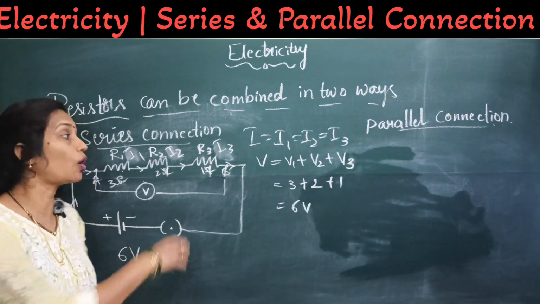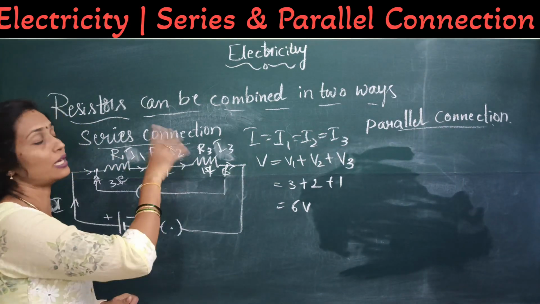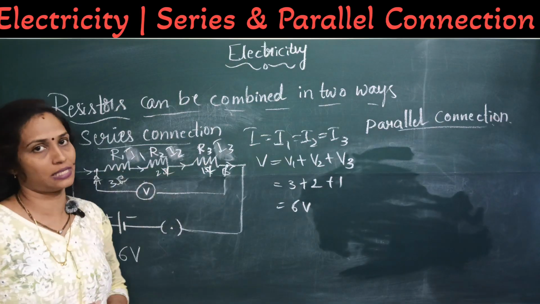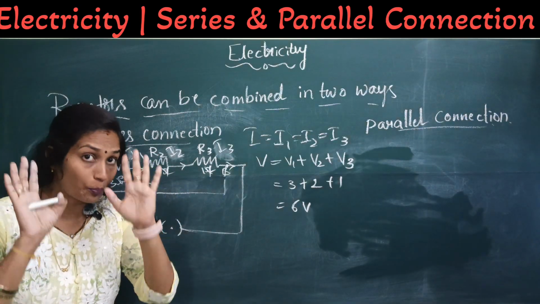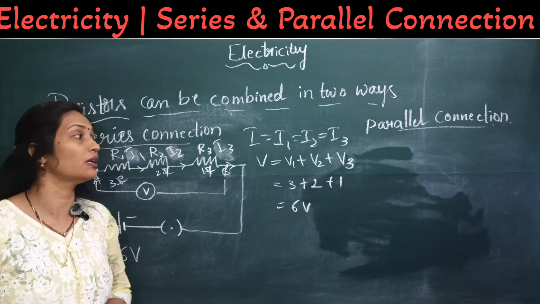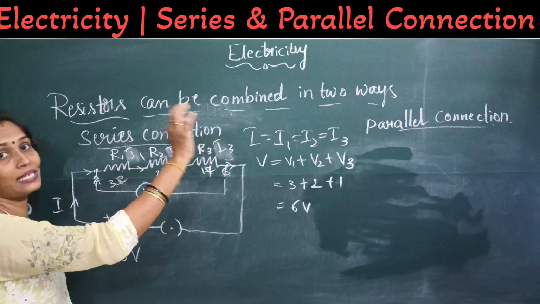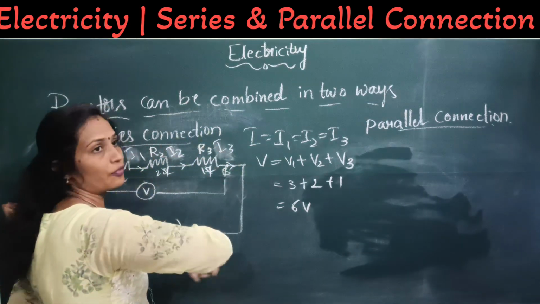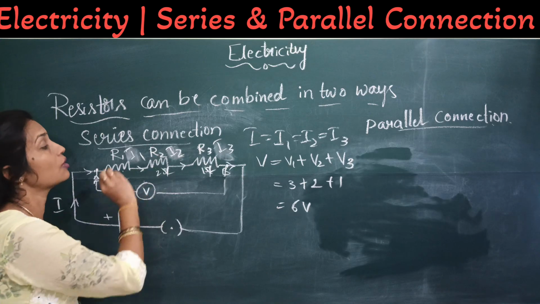Potential difference is distributed to each resistance according to the resistance. This is the point you have to remember: in series connection, current will be the same. Whatever current is passing in a circuit is the same, but potential difference varies.